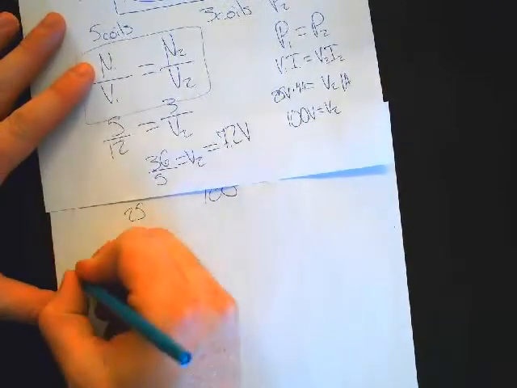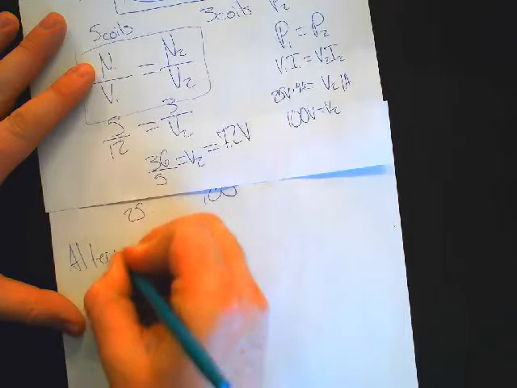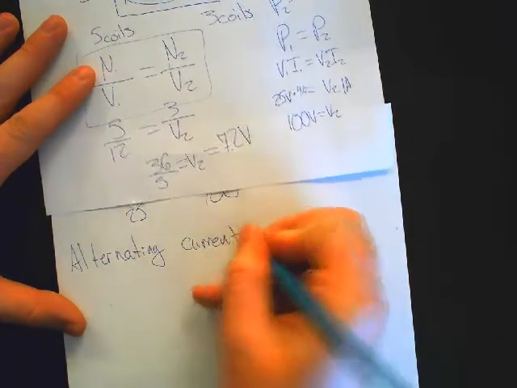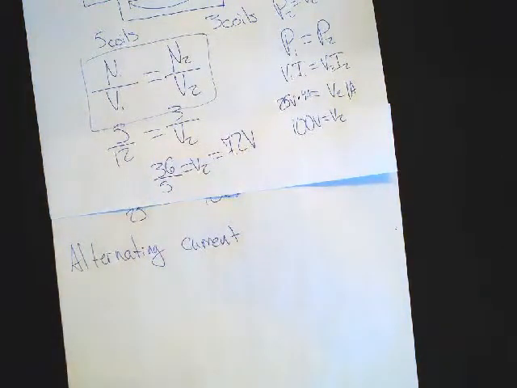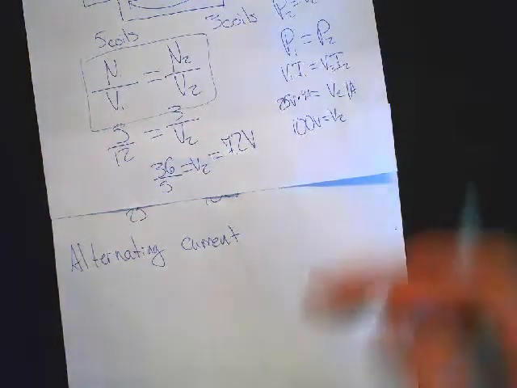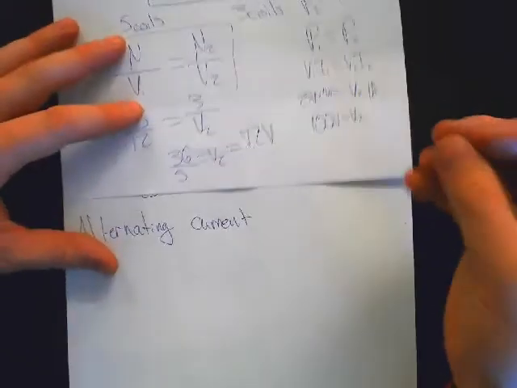So our next topic here is alternating current. Direct current's what we've been using in literally every circuit that we've designed and worked with so far. However, your house runs on alternating current. Few reasons there. First of all, what is alternating current?